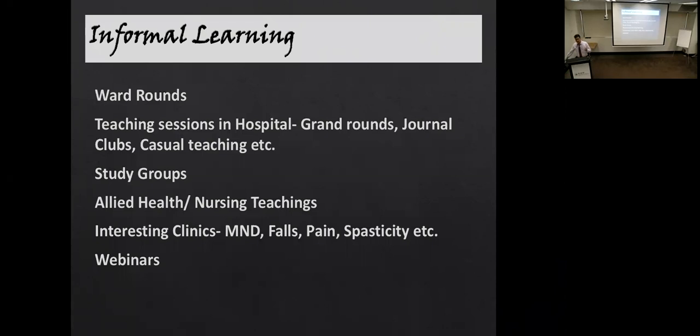Allied health and nursing inputs. This is very valuable because they have been working in those situations, working with those groups of patients for a very long time. So there is a wealth of knowledge that you can derive from that. Try to have discussions with your allied health team about specific clinical problems, or go into their learning sessions.